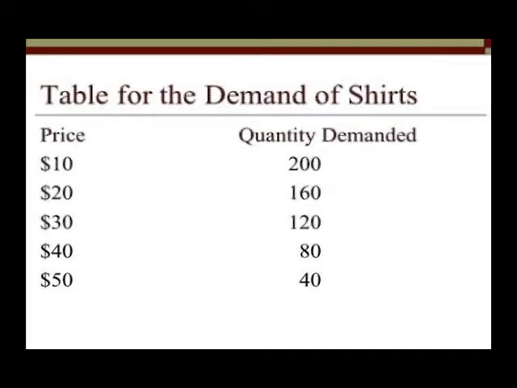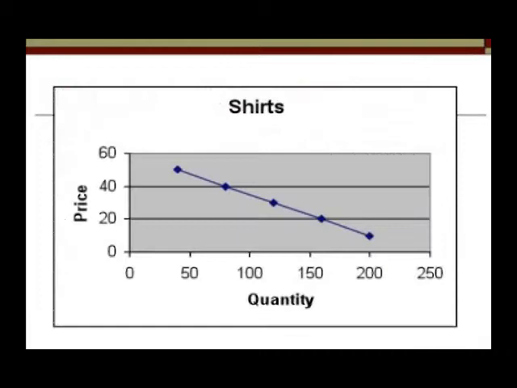If we were to graph this entire relationship here, we would see an entire demand curve. And again, it would be downward sloping because of that negative relationship between price and quantity demanded. So you can see the price is increasing, 10 to 20 to 30 to 40 to 50, and at the same time the quantity demanded is declining. All right, here's just a demand curve for shirts, and as you can see, it's downward sloping.